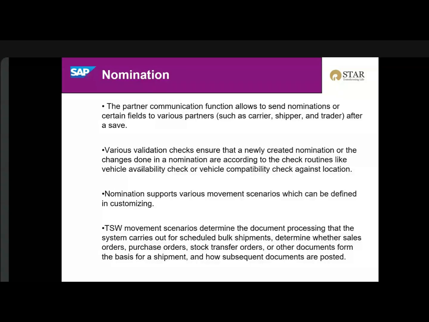Suppose the tanker is under repair or maintenance, then the vehicle is not available. If you use that vehicle, then it will give an error. It will check the vehicle status, whether the vehicle is available or not. If it is blocked or not available, then it will give a validation error. You can see it in the log. There it will show what the error is.